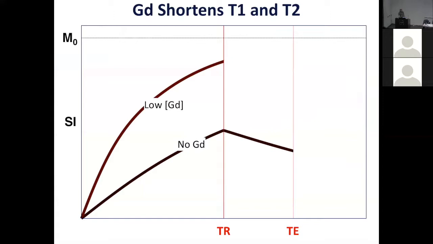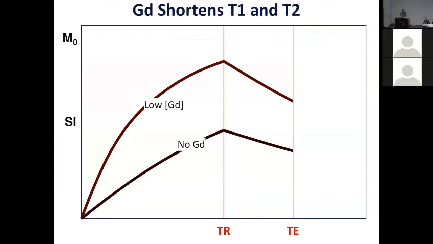But the gadolinium also shortens the T2, so the signal will decay faster. I don't know if you can appreciate it, but this signal is decaying faster than this signal. But nevertheless, with a small amount of gadolinium on a T1 weighted image, we have more signal than we do if we didn't give any gadolinium at all.